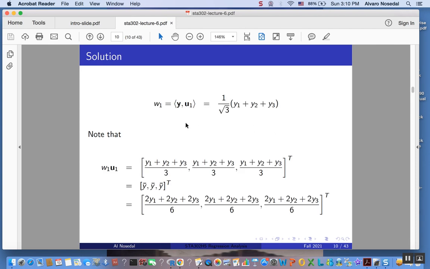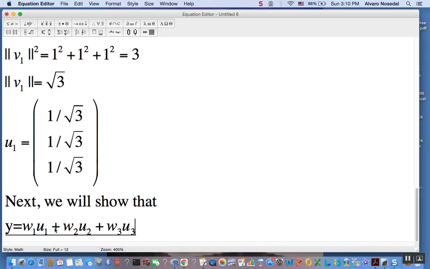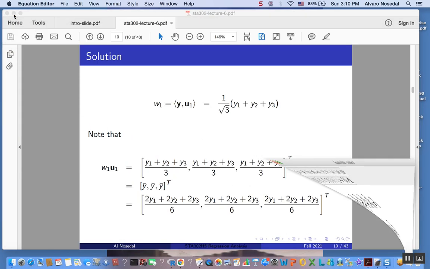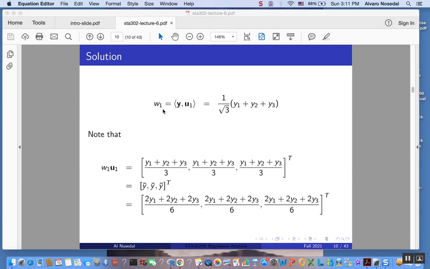If you want w1, the weight, the coefficient that is going to be multiplying the first member of your basis, u1, it's going to be easy because u1, u2, and u3 are orthonormal, meaning they are orthogonal and their norms are 1. What we claim here is just take the inner product between y and u1, and that's going to give you w1.